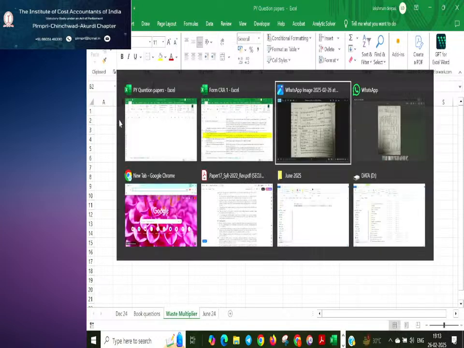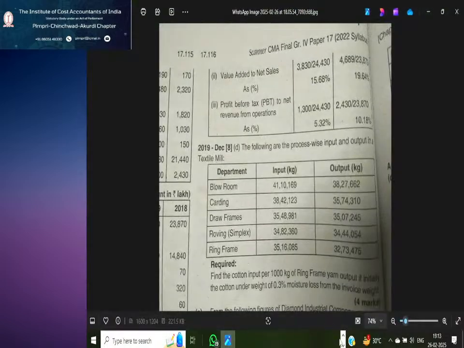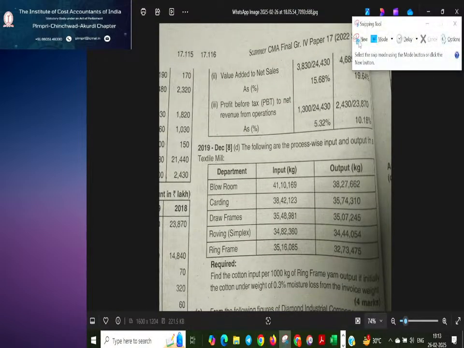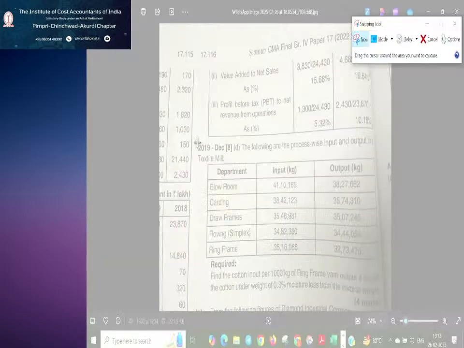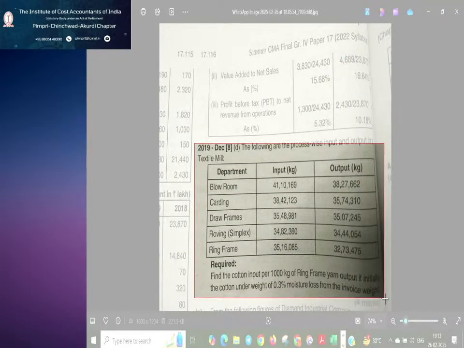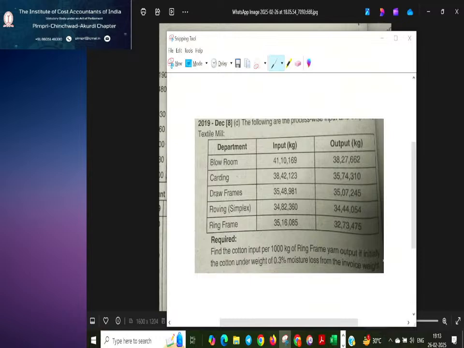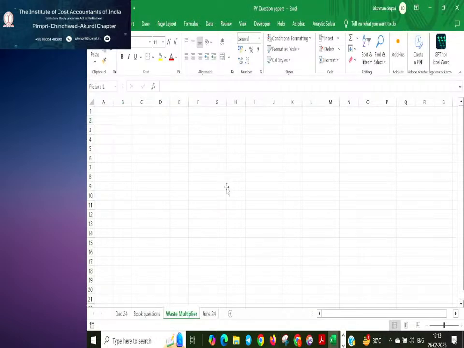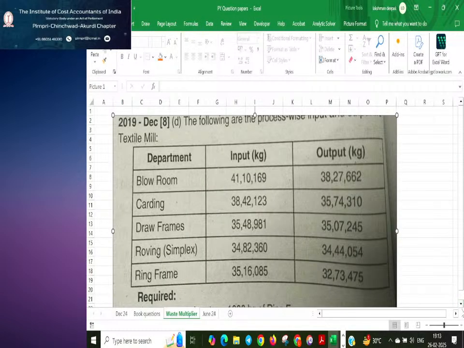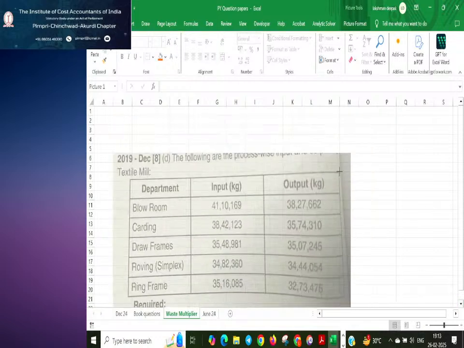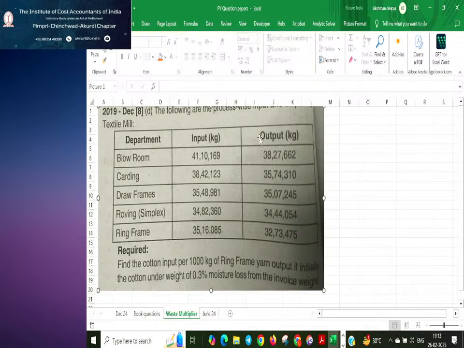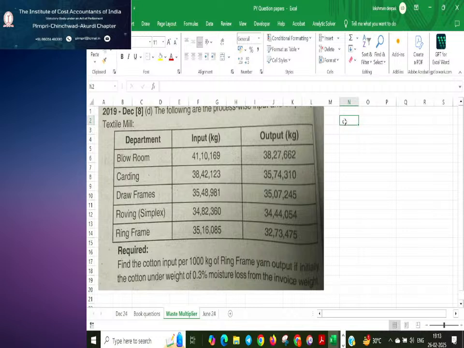This is a 2019 question. So what are we going to do? One is you should know what is input output ratio. The next one is you should know what is waste multiplier.